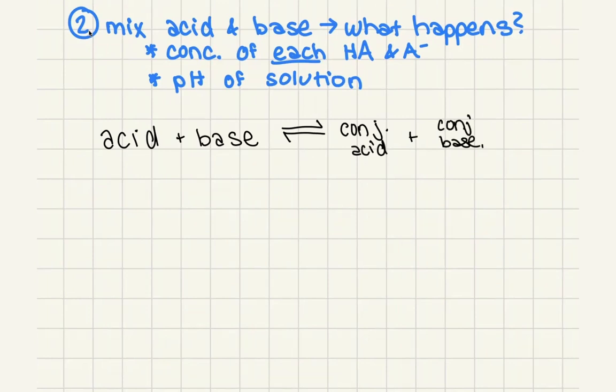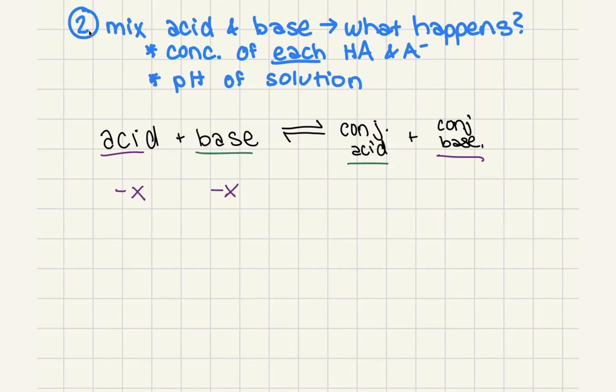So remember that this acid is going to contribute to this conjugate base. And this base, well, this is going to be its conjugate acid. But they're going to be reacting with one another so that for each amount of the acid that you lose, you're also going to be losing that amount of the base because these are going to be reacting together.